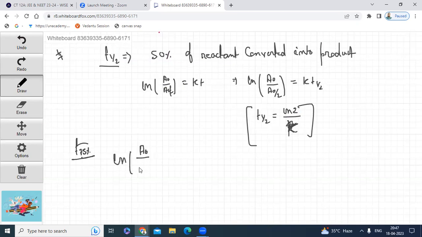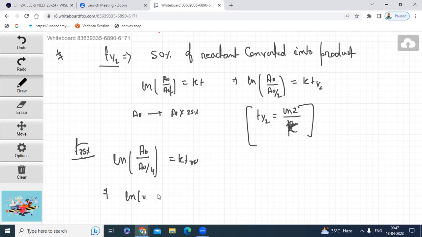If I write the At value, it will be A naught divided by 4. A naught by 4 is equal to K into T75%. So from here you will get the result that ln 4 is equal to K into T75%.